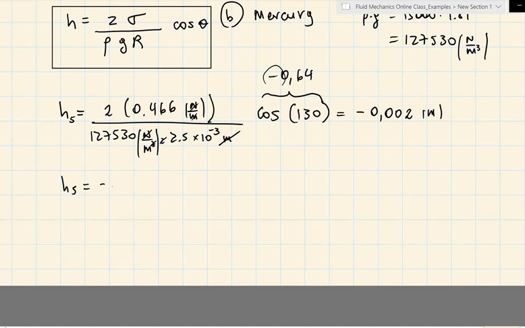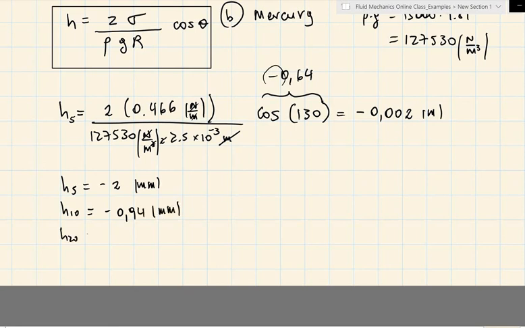And what it causes actually is a reduction: the liquid is not rising but going down. So the H5 is equal to minus 0.002 meters, which is basically minus 2 millimeters. For H10, we do the same calculation, but using the radius 5 millimeters for the diameter of 10, and we get minus 0.95 millimeters.